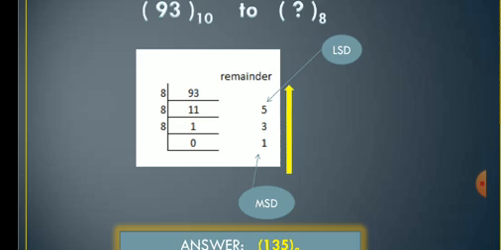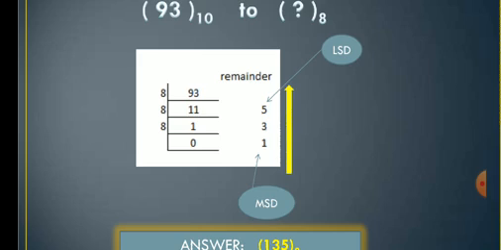It may be to binary or to octal or to hexa. From a decimal number, we should divide the given decimal number by the radix of the target number system. If it is binary, you have to divide the given number by 2. For octal, divide by 8.